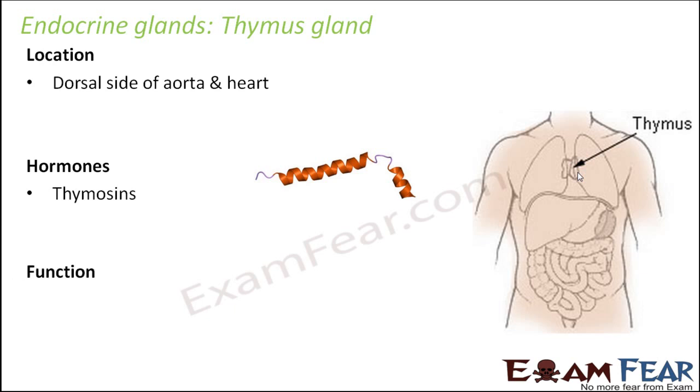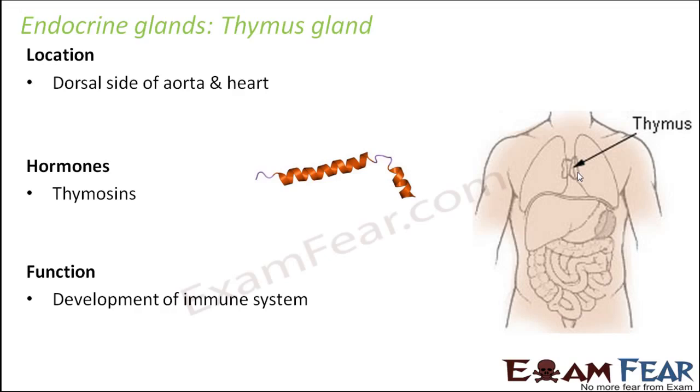And what about their function? They play a very important role in the immune system of the body. They help to develop the immune system. How? One of the important constituents of the immune system are the lymphocytes. You remember we discussed the lymphatic system in one of our previous lessons. There we saw that the lymphocytes actually help the body to fight against any infections.